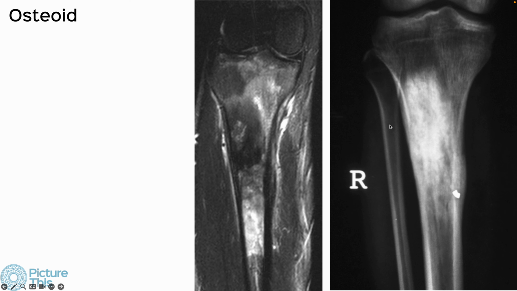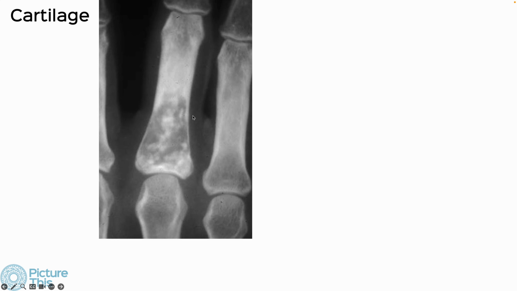So here we have a dark lesion, marrow change. There is a lot of new bone formation in the tibia. A new bone, aggressive, is osteosarcoma. Here we have a very cloudy appearance.